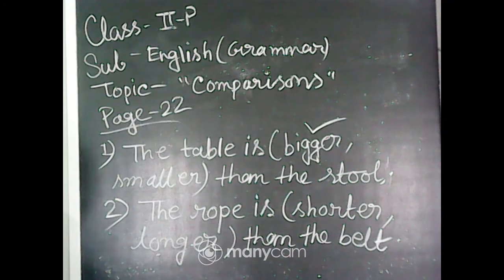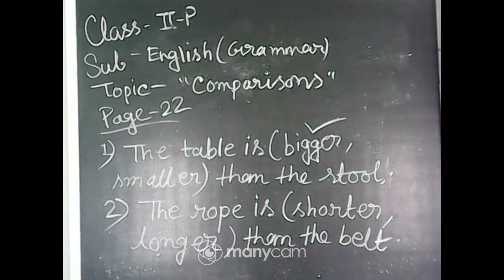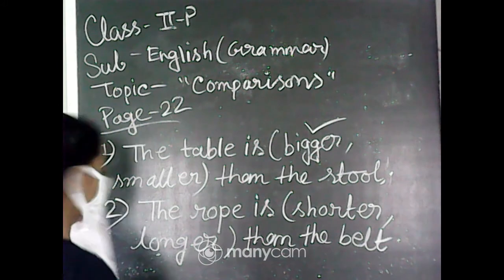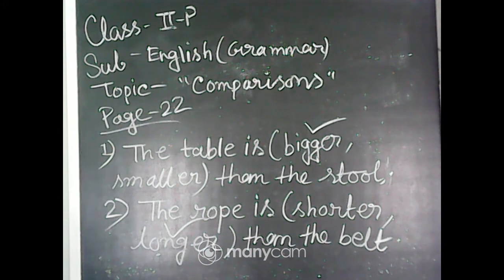The rope is shorter or longer? Yes. Rithojit, I have already completed the page. Very good. Then check it. The rope is, what it will be? Longer. Yes. The rope is longer than the belt. Good. Very good.